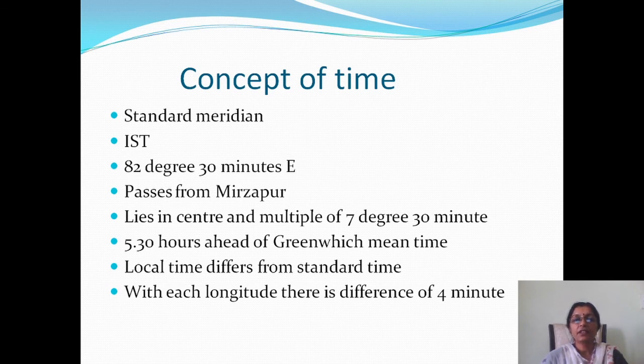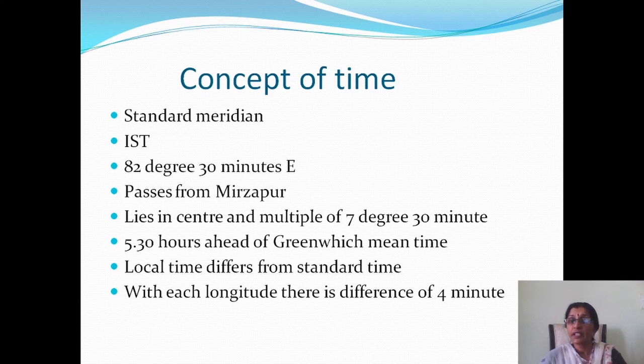Let's round it. It's 30 degree. If there is a time difference of 4 minutes with each longitude, then how much will it be with 30 longitudes? 30 multiplied by 4 is 120 minutes, or we may call 2 hours. It means from Gujarat to Arunachal Pradesh, there is a time gap of 2 hours.